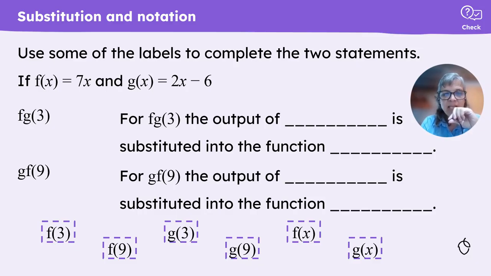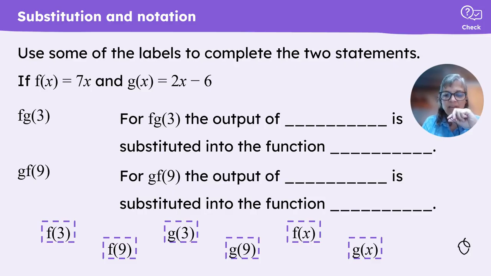Take a minute to see if you can find, from the boxes down below that have dotted lines in purple, what you would put into these 4 blanks. Which things would I fill in the blanks with? If I have fg of 3 and if I have gf of 9, what does that actually mean? You can pause the video, and then when you're ready, you can go forward.